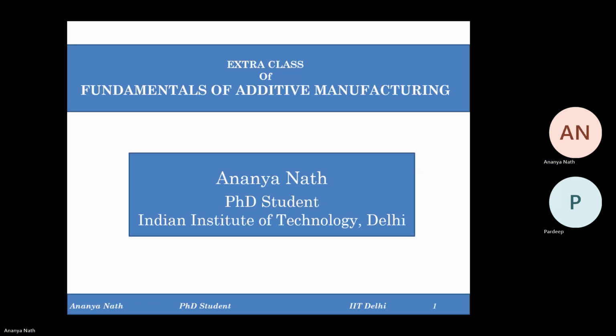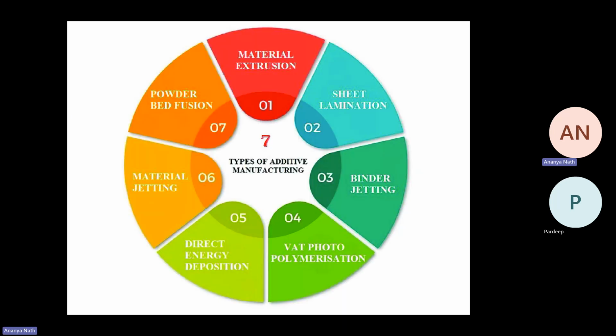So according to the ASTM standard, we have the seven categories called material extrusion, sheet lamination, binder jetting, vat photopolymerization, directed energy deposition, material jetting, and powder bed fusion. Material extrusion and some part of directed energy deposition use the wire form of material.